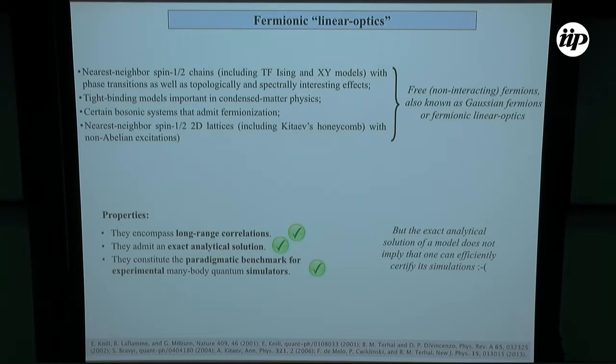Since the target systems they want to simulate have an exact analytical solution, they run a quantum simulator to model those systems and have a means of comparison. But as I was saying, the fact that you have an exact analytical solution of a model does not imply that one can efficiently certify its experimental simulation in the stringent sense that I'm talking about, fidelity.